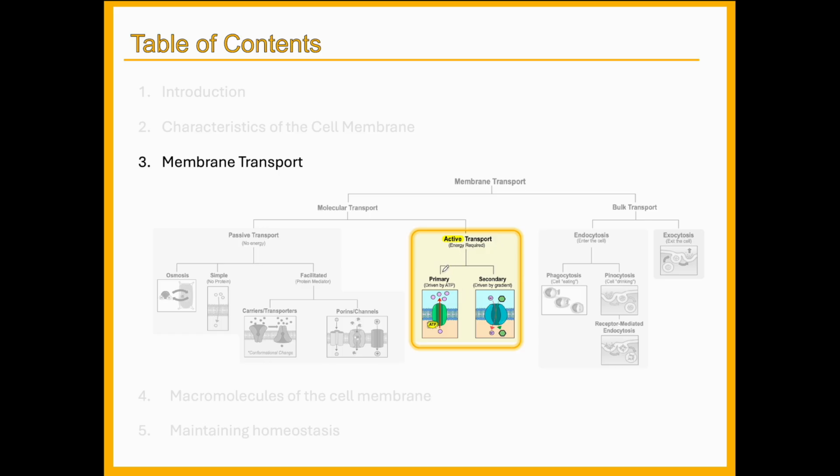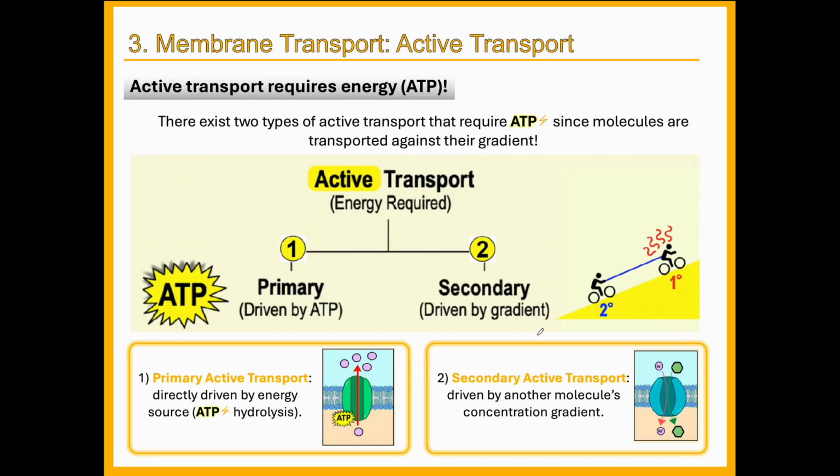So we're going to see that there's primary and secondary active transport. Why did we talk about ATP, all of these classes? Because active transport requires energy. It requires ATP. Remember, this is our payer of the cell, the dollar bill of the cell. And there exists two types of active transport that require ATP, since molecules are transported against the gradient, right?